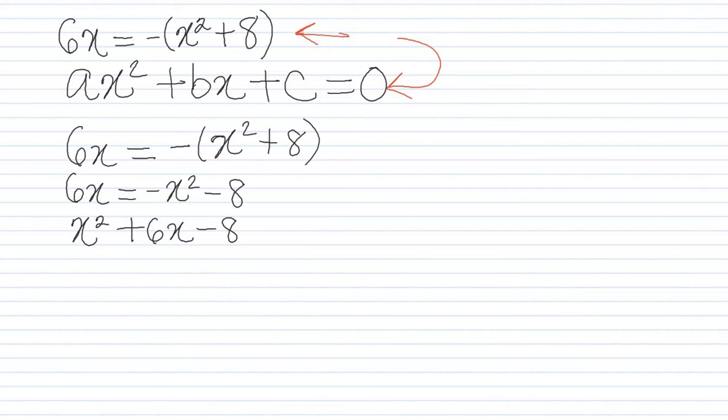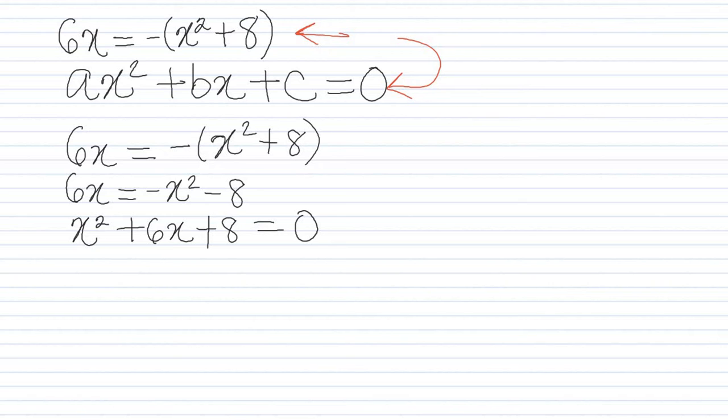So what we did here is to put all of this information on one side of the equation, basically adding x squared as well as 8 to the left hand side. So actually this is not supposed to be x squared plus 6x minus 8, it's supposed to be x squared plus 6x plus 8 equals 0.